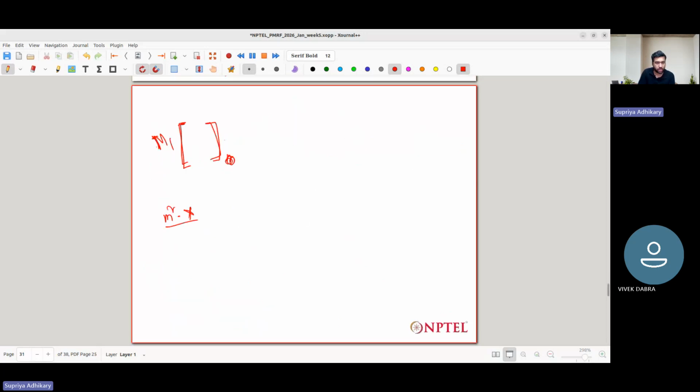But if we consider this M1 which has the size M square times X, then the communication complexity here should be N square times the size of each of the elements. And over here, the size of the element is M square X. So this should be again M square times M square times X, which is again order M square N square.